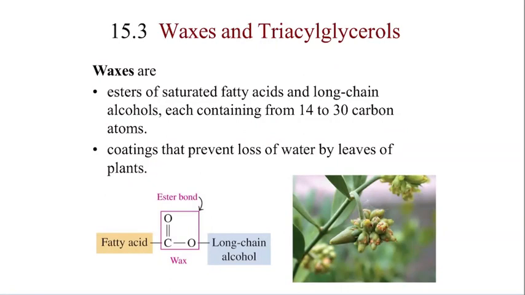And that one ester bond is going to link a fatty acid, which has a carboxylic acid, to long chain alcohols, okay? And when I say long chain, these alcohols that we're pairing this with can be 14 carbons, 26 carbons, 28 carbon atoms in length. And you can see here that in general, we summarize them from 14 to 30.